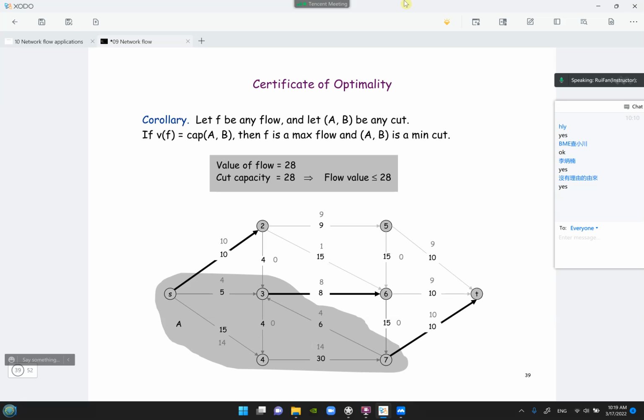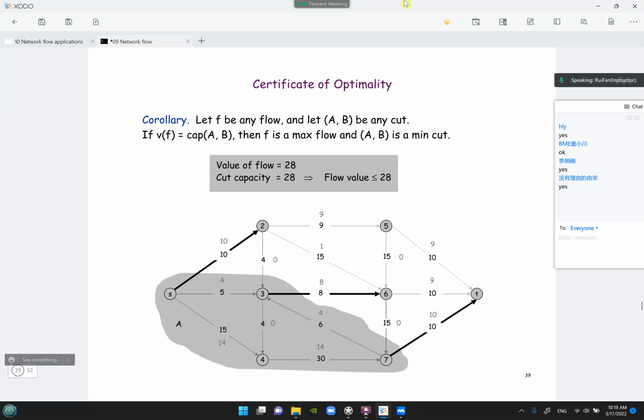The reason for this is actually pretty straightforward. Suppose you make any cut, for example this gray cut over here. This is our A. If you have a flow, then because S is by definition part of A, all of the flow originally comes out of S. And because the flow has to go into T, and T is in B, on the other side of the cut, all the flow has to cross from A to B at some point.